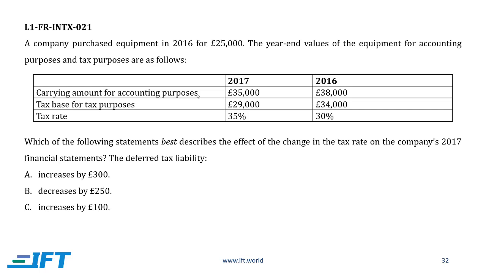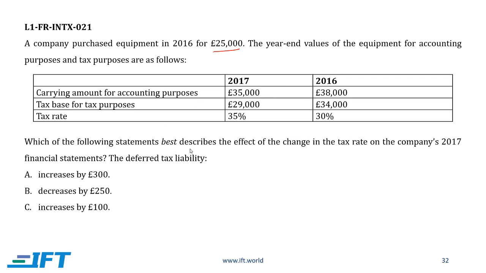Question 21. A company purchased equipment in 2016 for 25,000. The year-end values of the equipment for accounting and tax purposes are as follows. So your carrying amount is 35,000 for 2017 and tax base is 29,000.